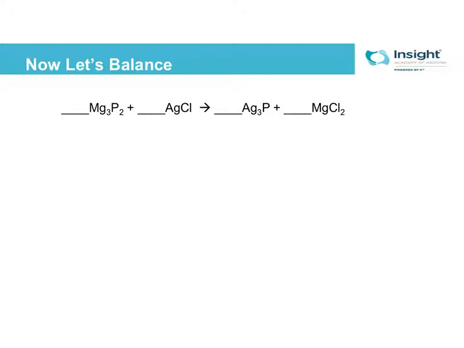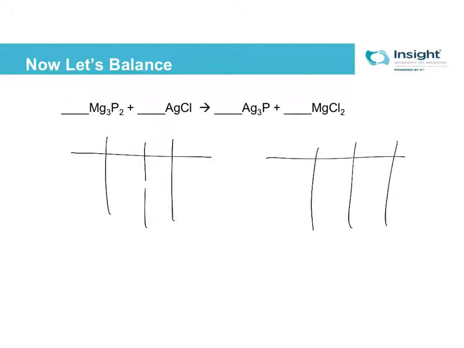All right, let's do a quick review on balancing with one of these. We're going to have 4 columns. We have 4 different atoms: magnesium, phosphorus, silver, and chlorine.